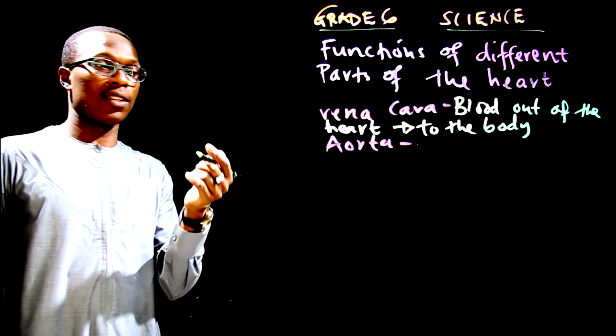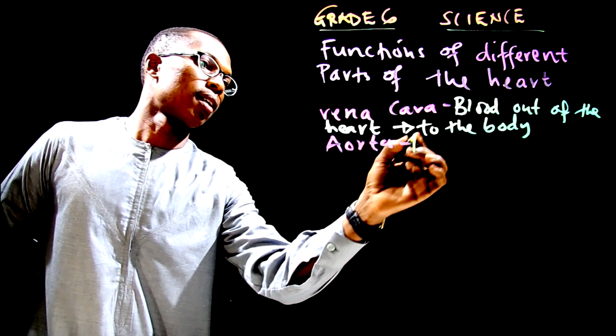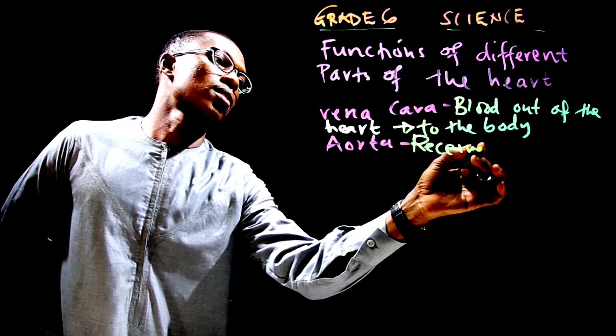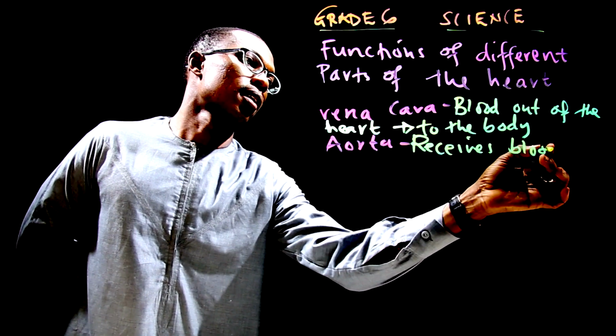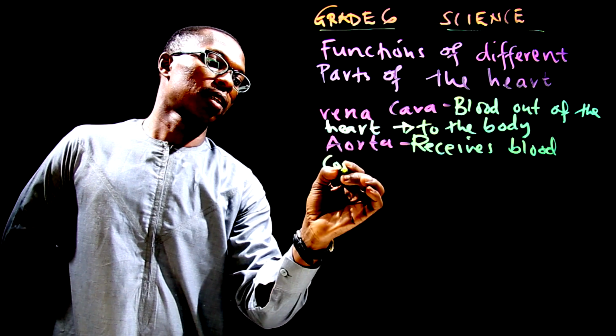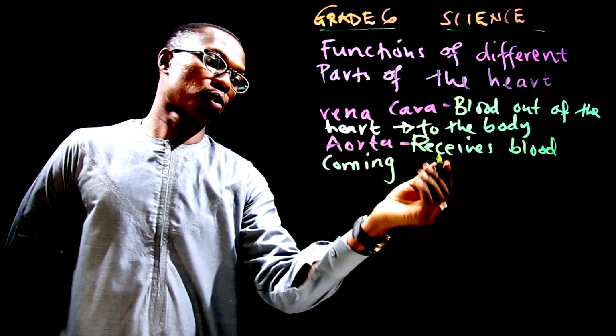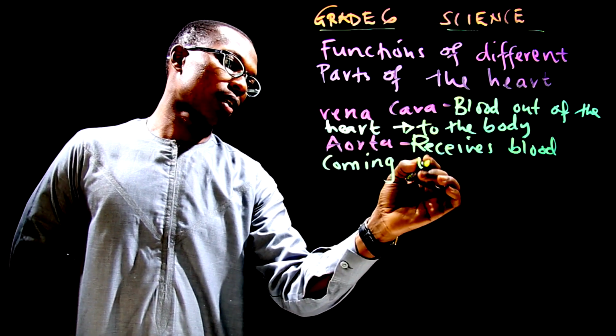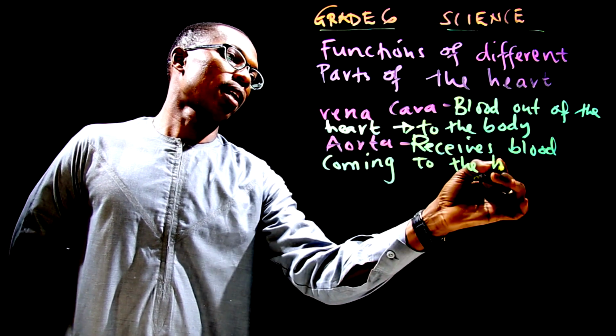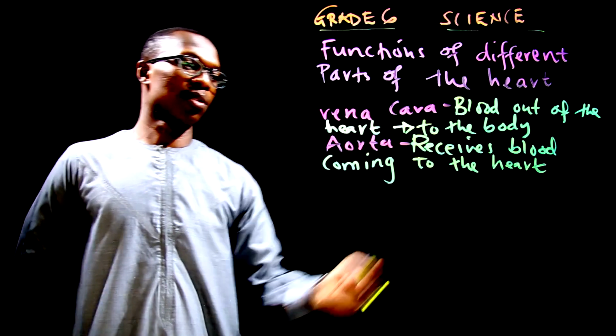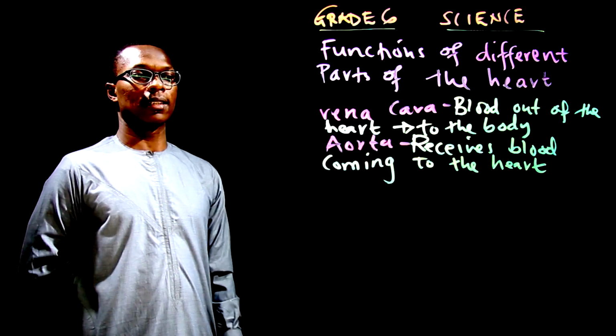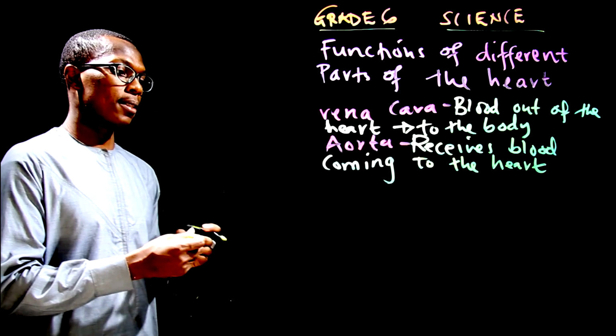Now the aorta normally receives blood coming into the heart. So this one is the one that receives the blood that is coming to the heart.